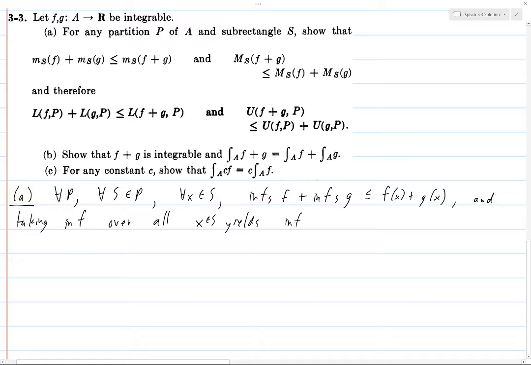So we still have the infimum over all s of f, which by definition is MSF, and then we also get MSG here. And then on the right-hand side, we take the infimum over all x in s of f of x plus g of x. That, by definition, is lowercase ms of f plus g.